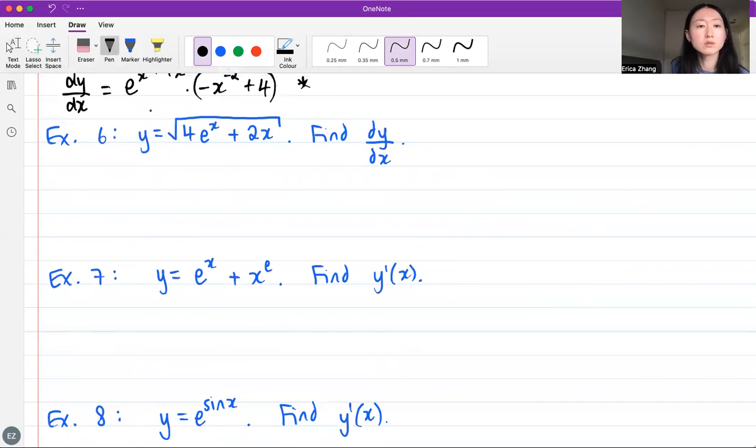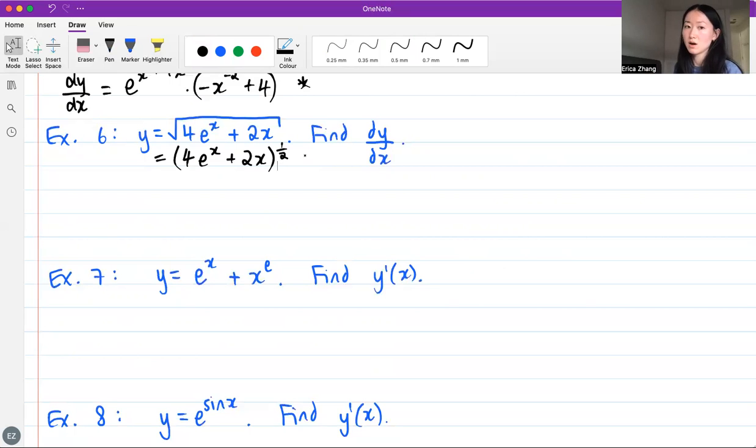Next example, I will rewrite this function as 4 times e to the x plus 2x, all raised to the power of 1/2, right? So we can see this as a power function more easily, or as a composite power function.